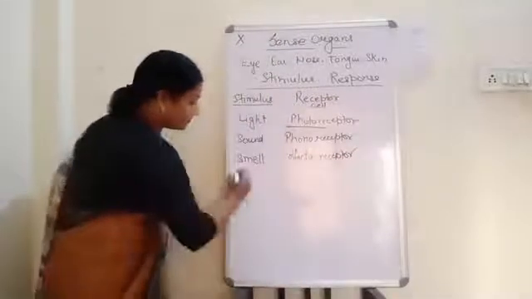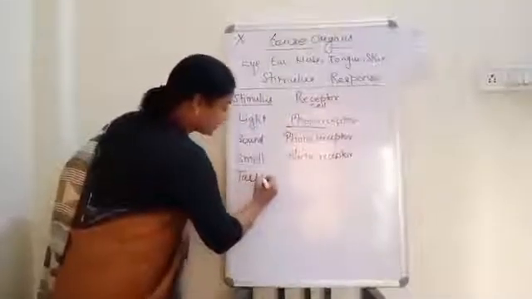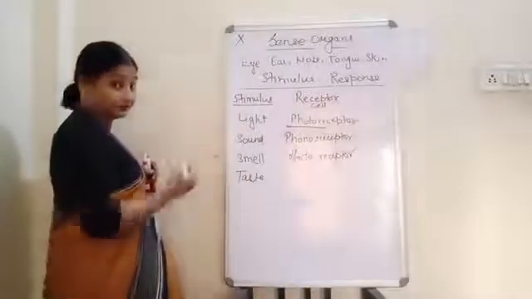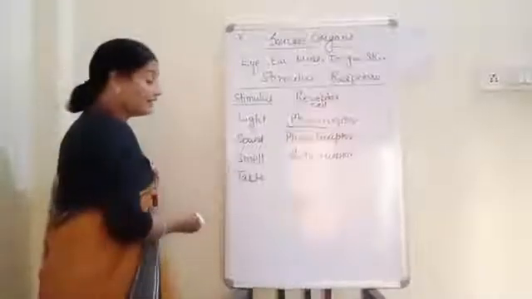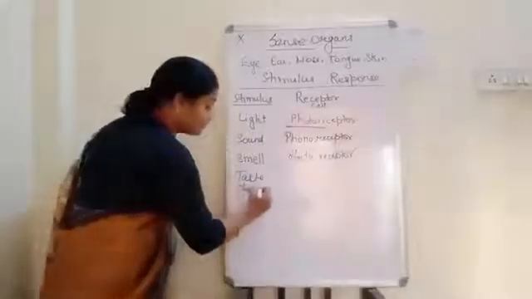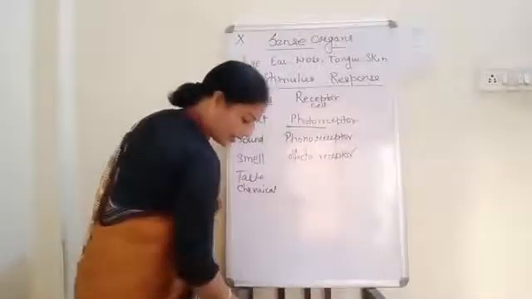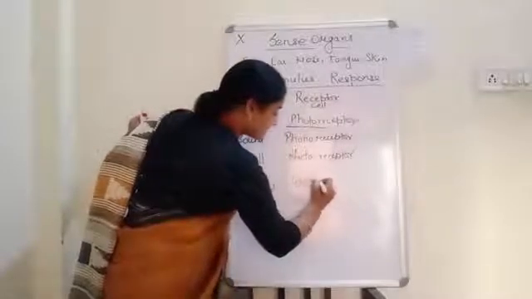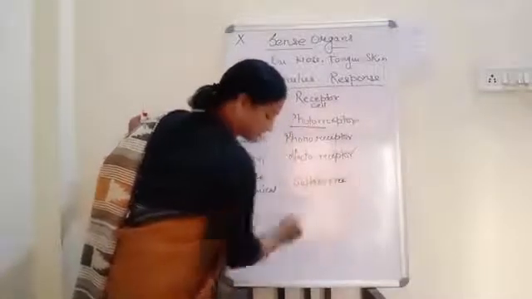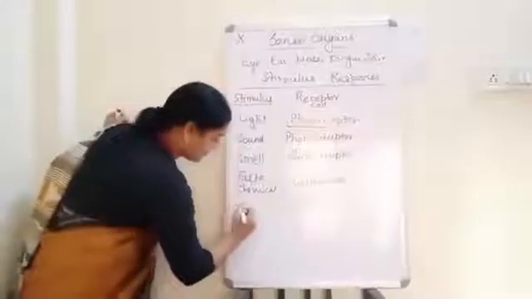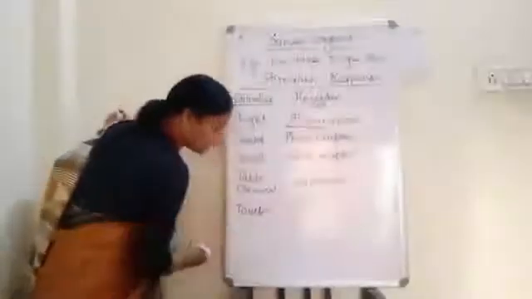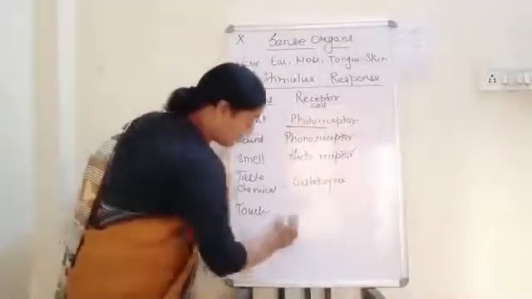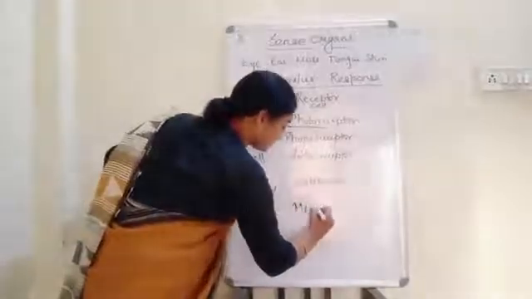Then we have taste. Taste will be done with the help of the tongue. So it is a type of chemical, and it is with the help of gustatory receptor. And then we have touch with the help of skin and mechanoreceptor.